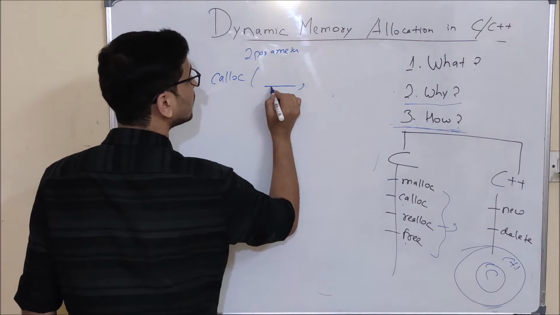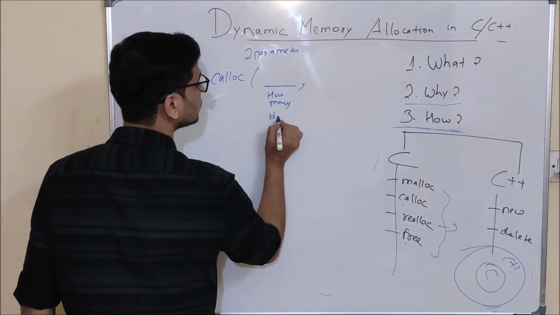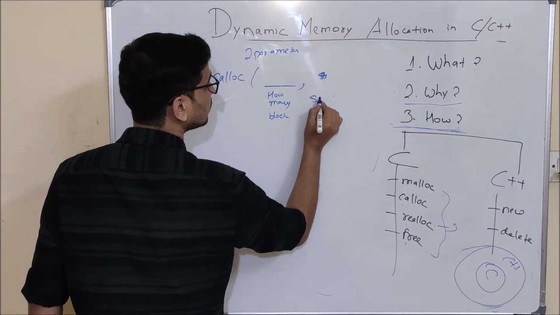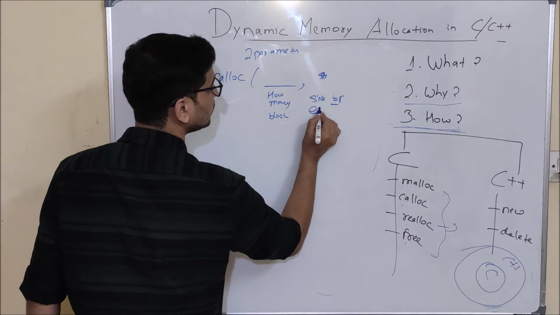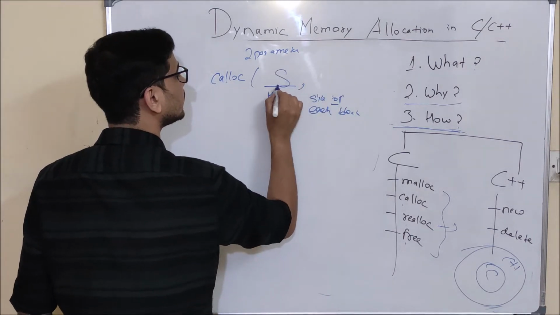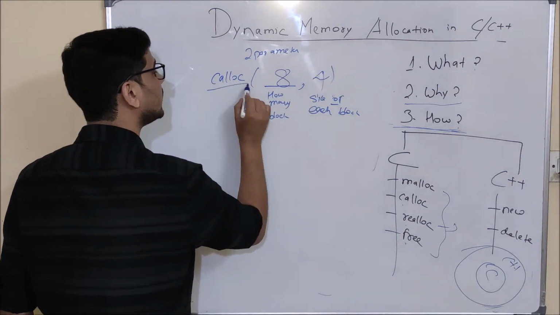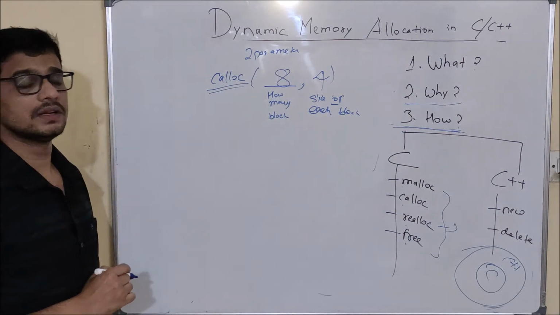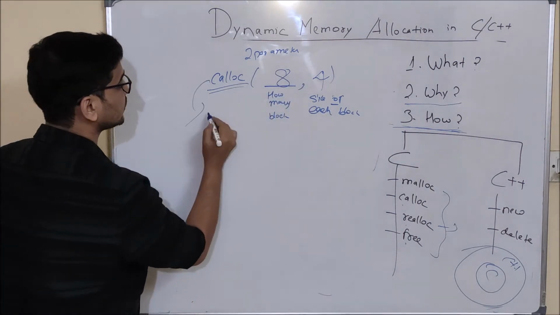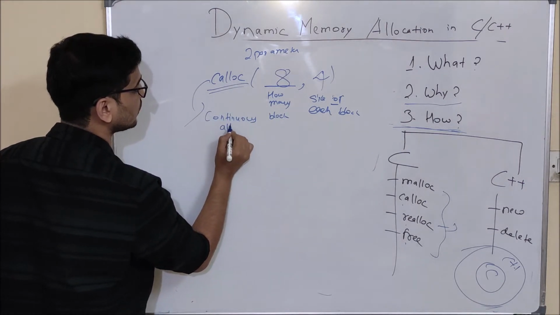One is how many blocks you want, and second is the size of each block. Suppose I want 8 memory blocks and each of size 4. Then I will make a call to the calloc function using 8, 4. And one more thing friends, calloc stands for continuous allocation.